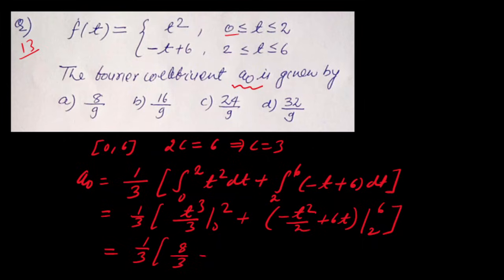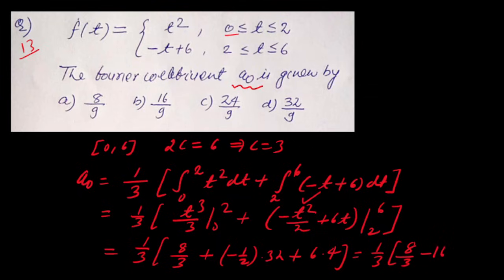For the next term, the first part gives minus 1 by 2 times 6 square minus 2 square. 6 square is 36 and 2 square is 4, so 32, and plus 6 into 6 minus 2, that is 4. So I will get 1 by 3, 8 by 3, and this is minus 16 plus 24. Minus 16 plus 24. I write it to avoid any confusion.